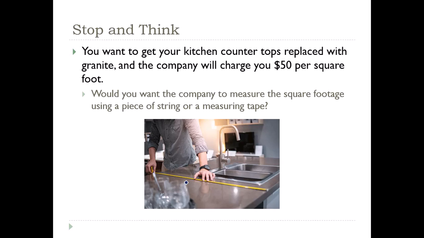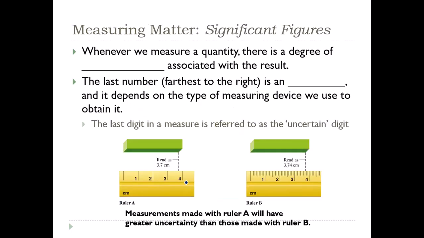What I'm trying to get at here is that your measuring device will determine how certain you are with the measurement. And since you're paying for this, it's probably not likely that they'll undercharge you. If anything, they'll overestimate. So you would want them to use the measuring tape.